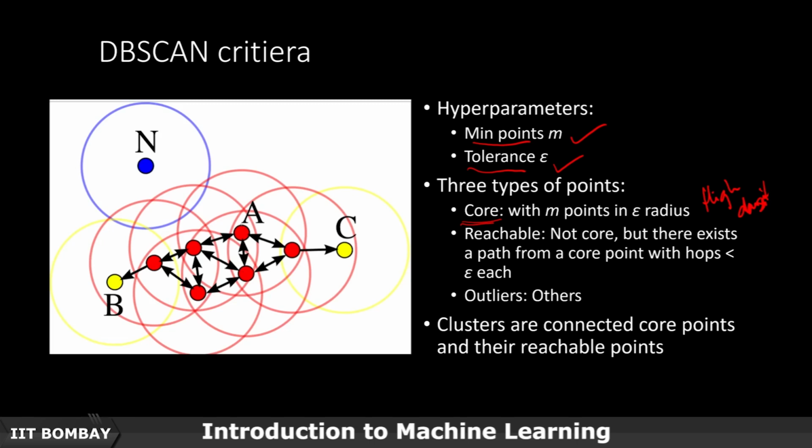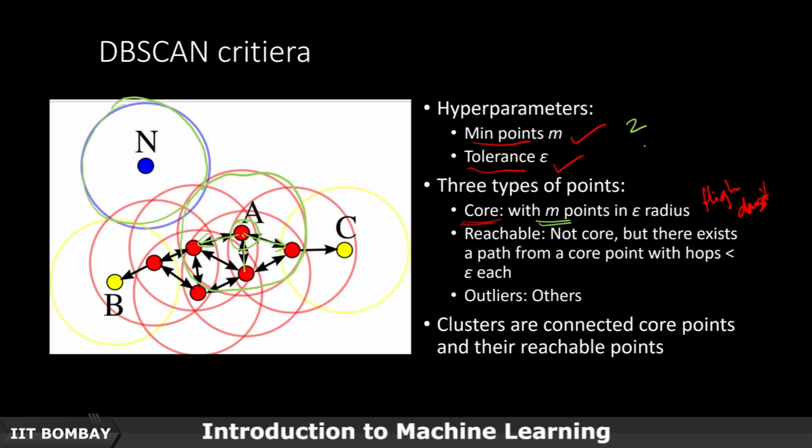So let's say our minimum number of points is 2. A core point has at least 2 points that are within a radius of epsilon. So at each point I am drawing a radius of epsilon. Within that, if I find m points, then it is a core point, okay. So that means it is from the high density region.